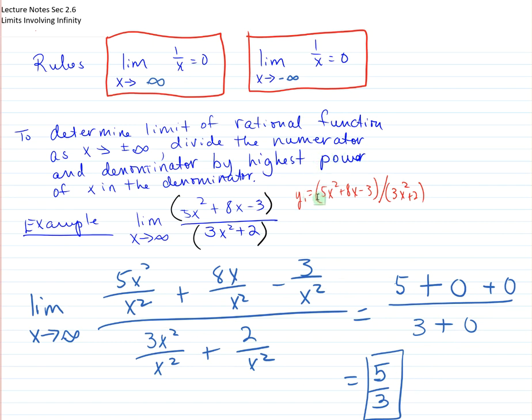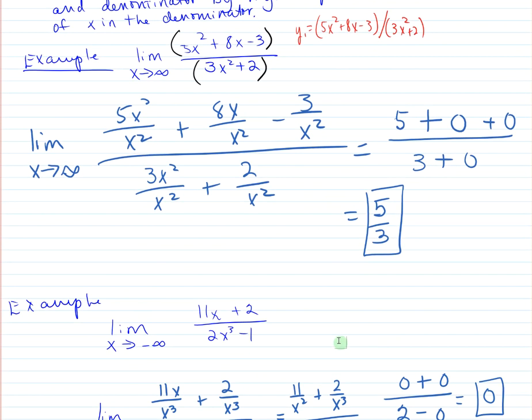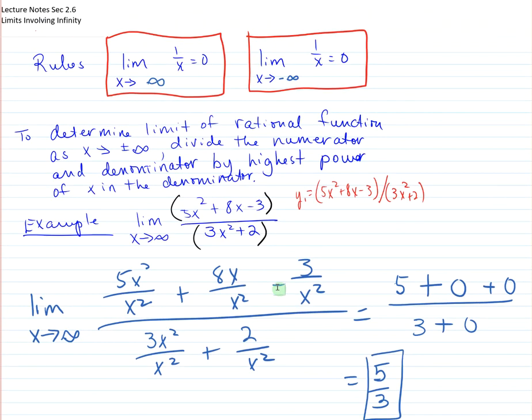If you put it in your calculator like this, you would see a graph, and as you go toward infinity on the x-axis, your graph is approaching 1 2/3 or 5/3. So you could check that, but that's the rule. Now, it should look familiar from your algebra.